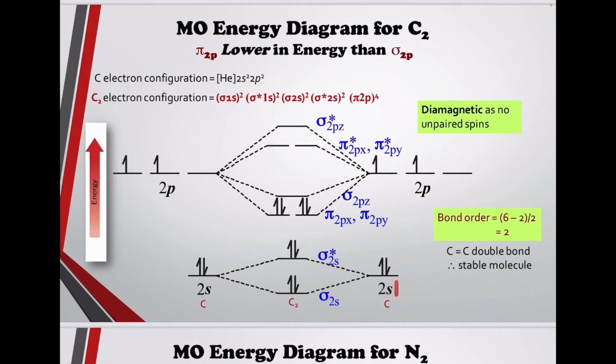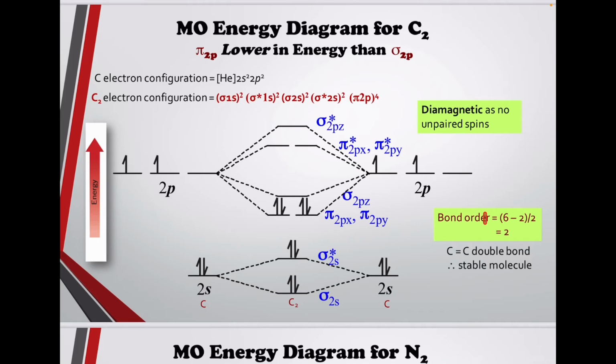Same goes here, carbon 2s2 2p2. So this one is fully filled with the electrons, and this one 2 plus 2 equal 4. That means you need to fill 4 electrons in the pi 2p orbitals.